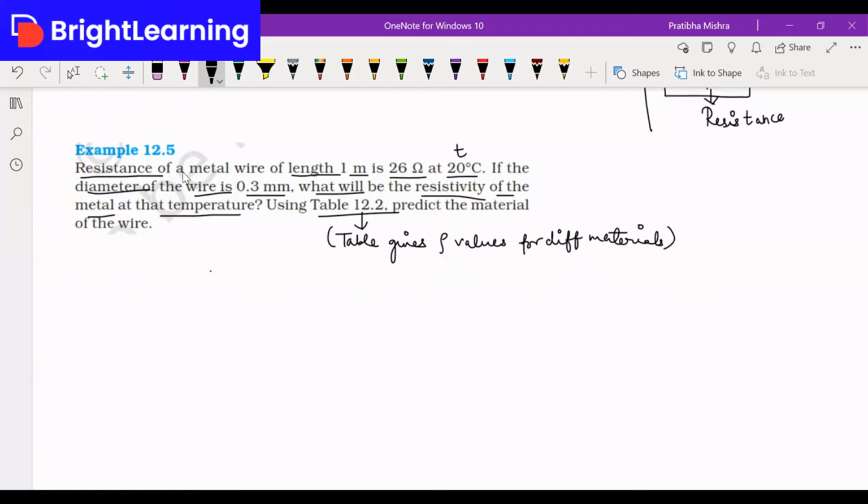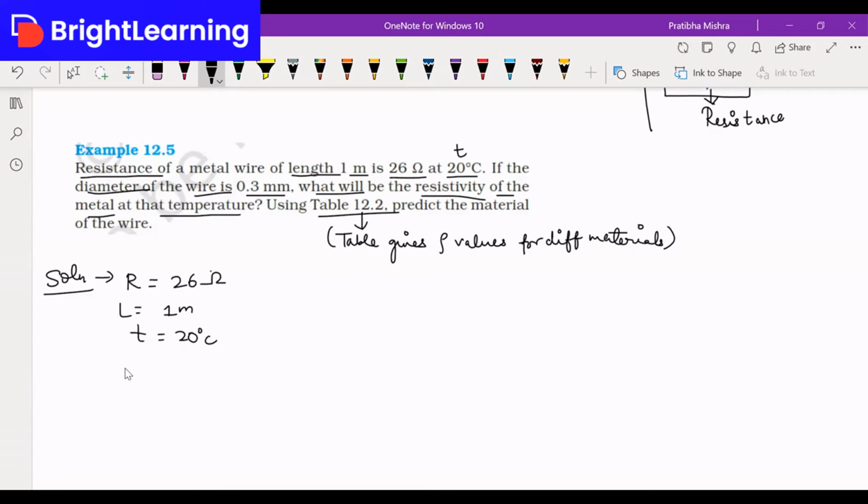The first line is resistance is 26 ohms. So if I write it down, R will be 26 ohms. Length is 1 meter. And temperature, you can take it as small t or capital T, anything you like, 20 degrees Celsius.